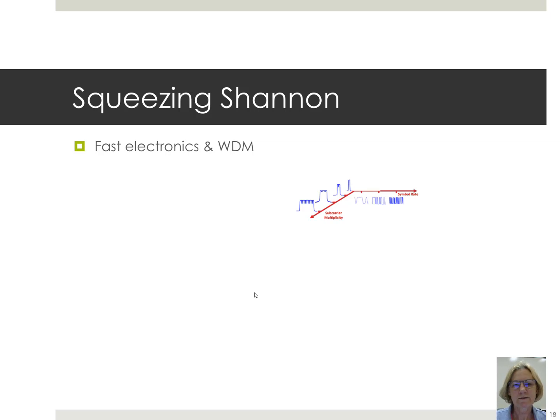But that's not enough. So I like to talk about squeezing the Shannon limit. How is it that we got there? Well, in terms of the optical fiber, the first thing we did was we used fast electronics. If we look here on this axis, this is the symbol rate, how fast we're pushing through data. And so with the years, as electronics has gotten faster, we're pushing up the data rate that we send.